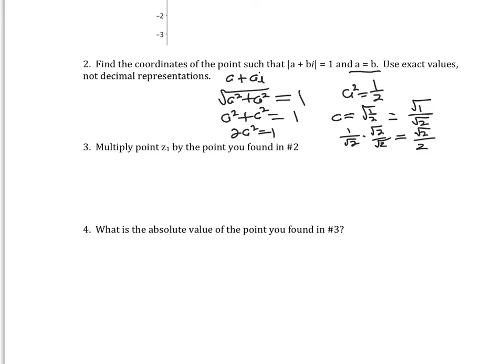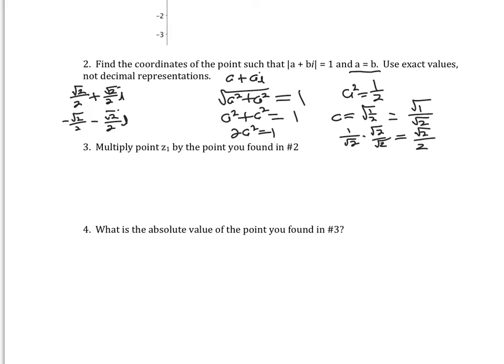That means that a and b are both equal to square root of 2 over 2, so the number square root of 2 over 2 plus square root of 2 over 2i has an absolute value of 1, and a is equal to b.